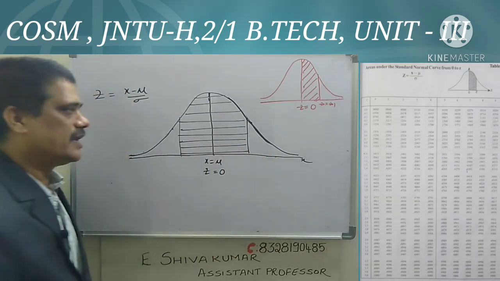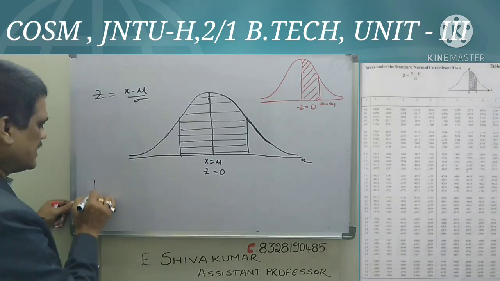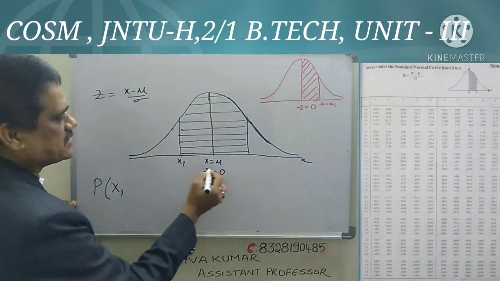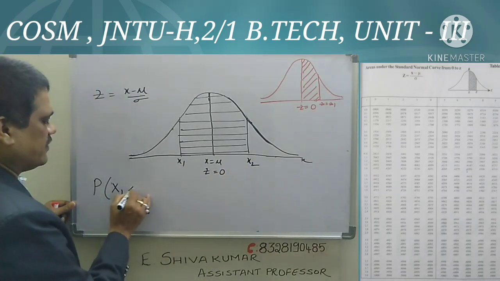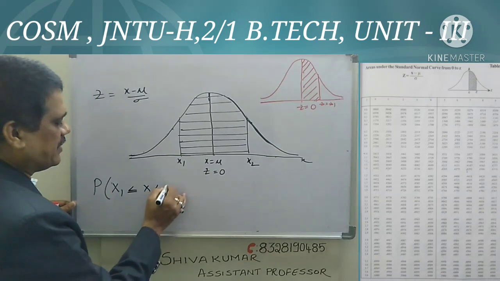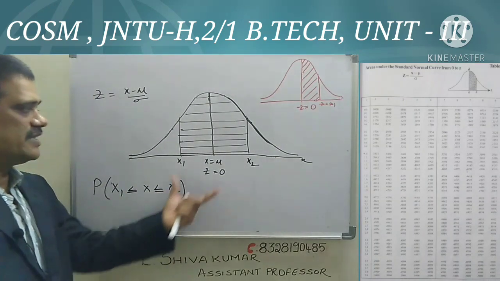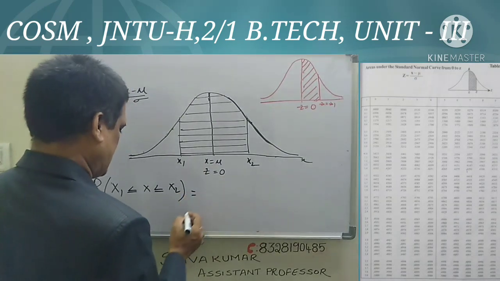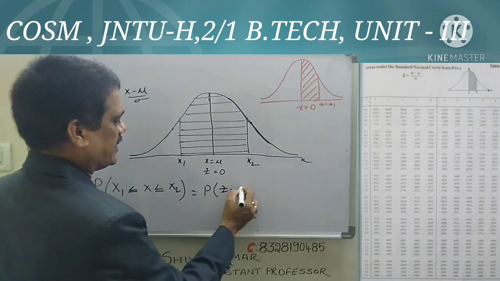The indication of that area is the probability of x1 less than or equal to x less than or equal to x2. This probability is the area under the normal curve, and it can be found by transforming into the standard normal variate.